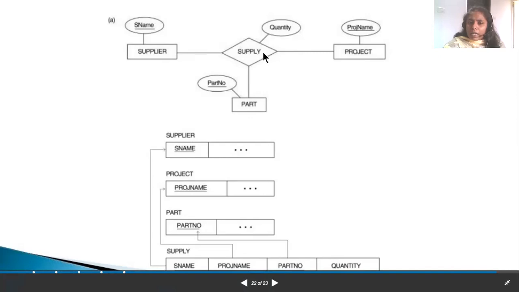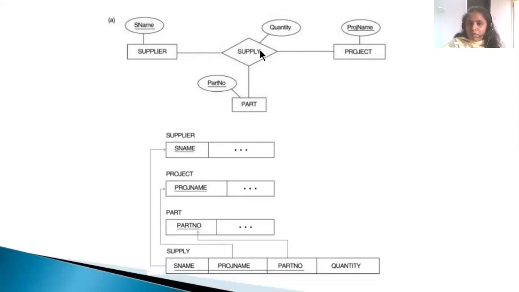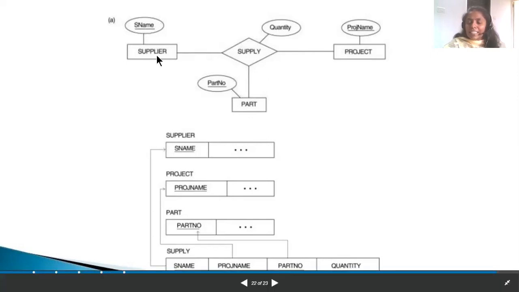For this particular relation, we will create a new table, and it will have the descriptive attribute as one column, plus all the primary keys of the different tables. The supplier table's primary key will also be added into the last table. The project also has a primary key that will be added to the newly created table. And the part entity has a primary key that will also be added to the last one.